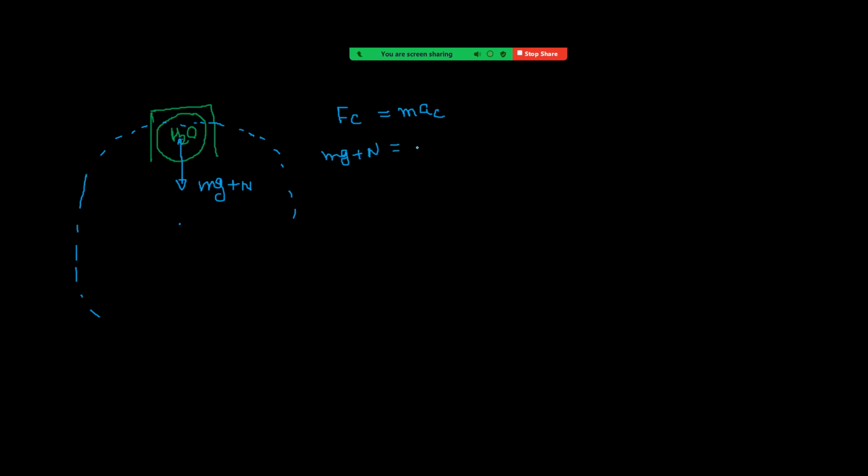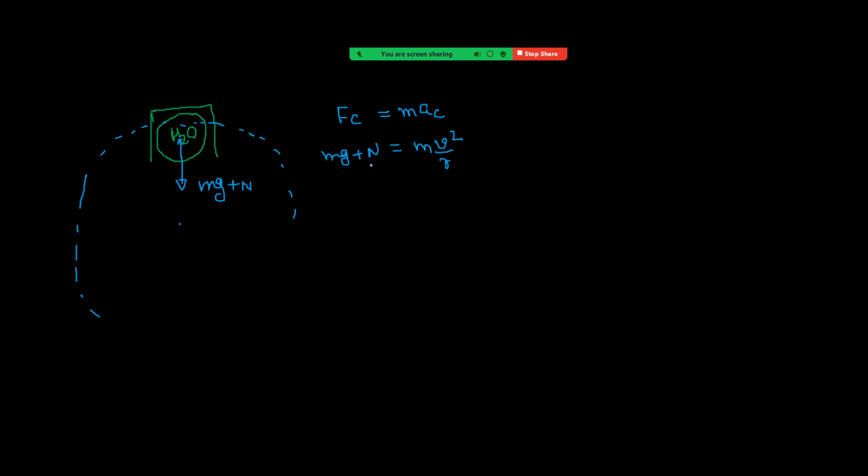This is almost the same as the previous one: equals m v squared by r. Again here, the normal reaction. If water is in contact with the bottom of the bucket, N will be positive. If water is losing contact with the bottom of the bucket, N will be 0.